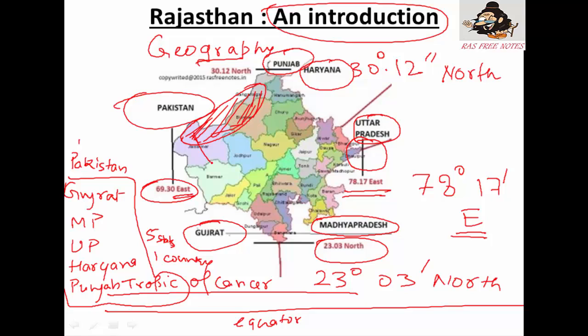The regions are famous for counterfeit currency and drugs. So our security forces have sealed the entire border along Pakistan. Now, which security force is responsible for this? It is the Border Security Force, that is BSF.